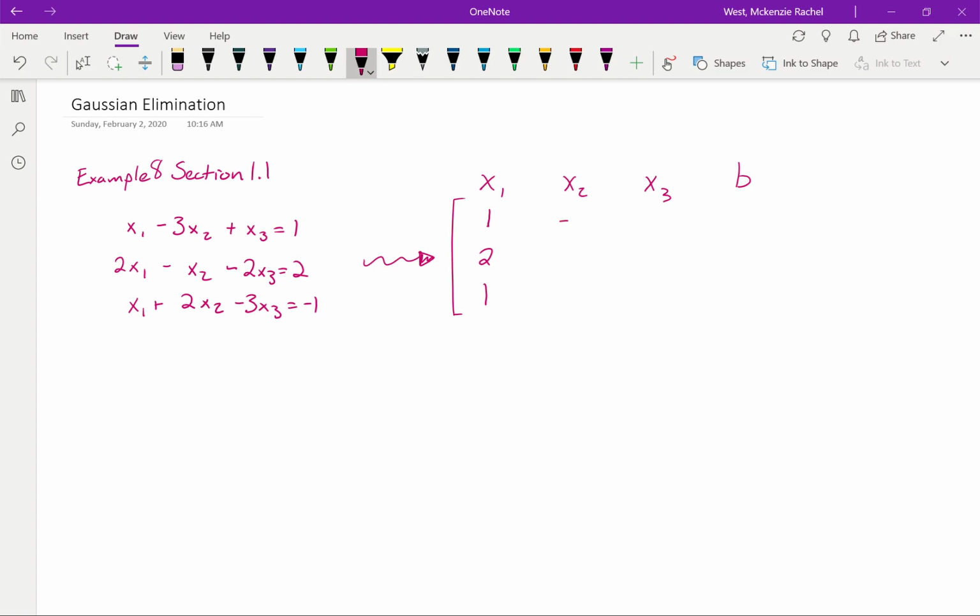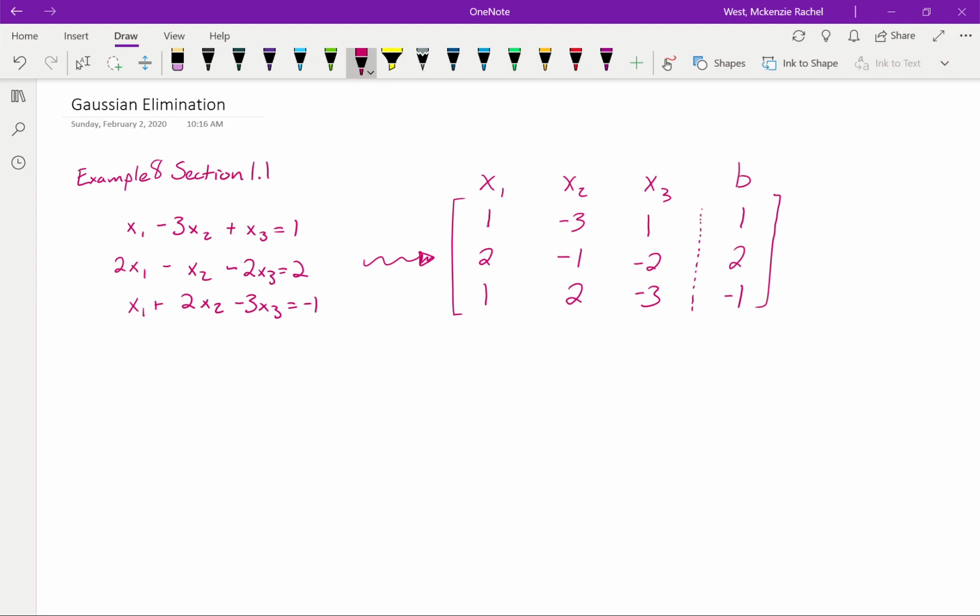The second column will have minus 3, minus 1, 2. And then the third column, 1, minus 2, minus 3. I like to put a dashed line right here to represent where the equal signs are. And then a 1, a 2, and a minus 1 for the b's.